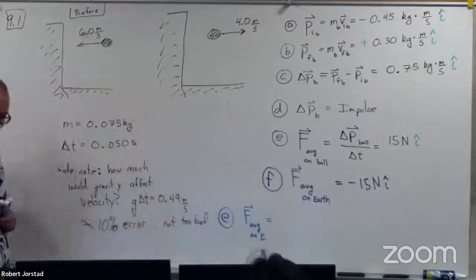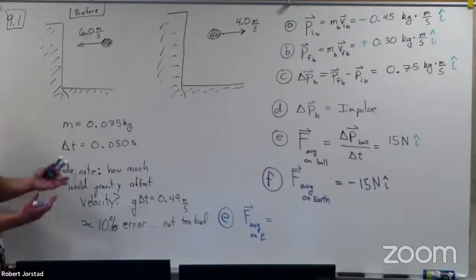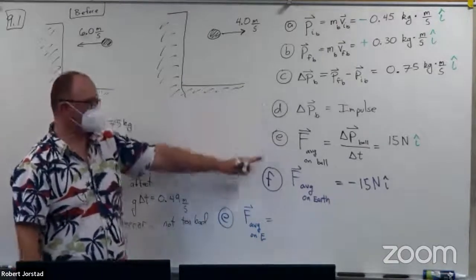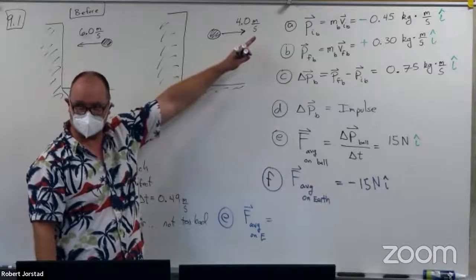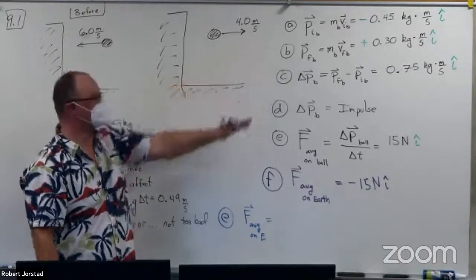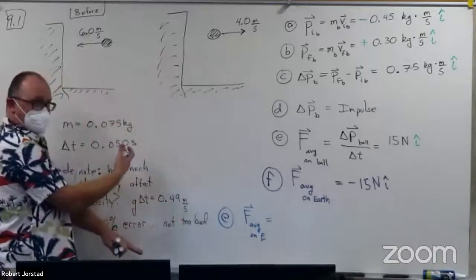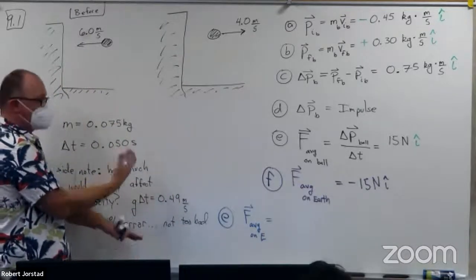Force average on the earth, how could I get velocity involved? You could substitute the impulse is equal to force. Exactly. We're just going to work backwards now to learn about the earth. Isn't that cool? So by learning about the ball, we can actually learn something about the other object that it hits. This is really cool.